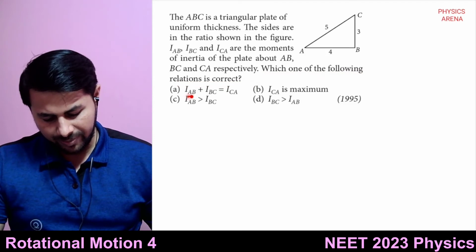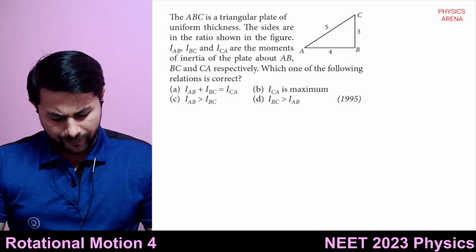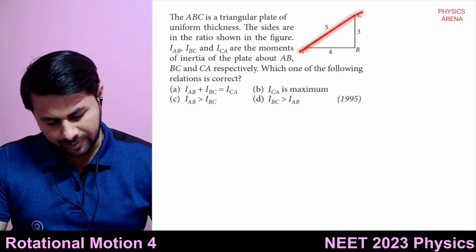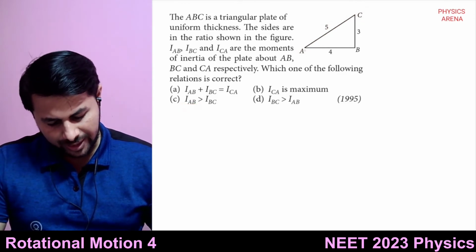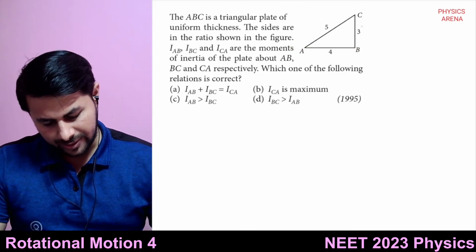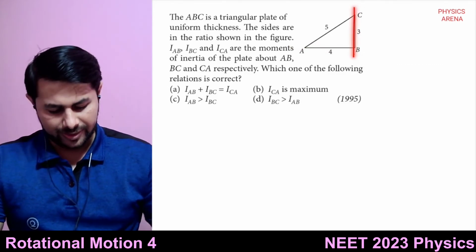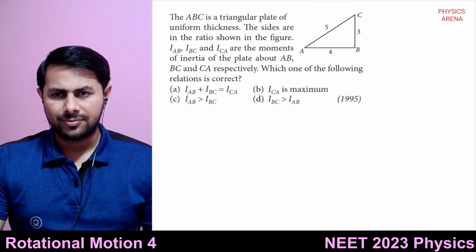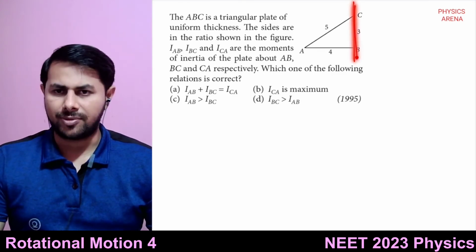IAB plus IBC is equal to ICA. Then next is ICA is maximum. Is ICA maximum? No. IAB is greater than IBC? No. So IBC is greater than IAB. So this one is correct, right? It is straightforward. IBC is maximum.